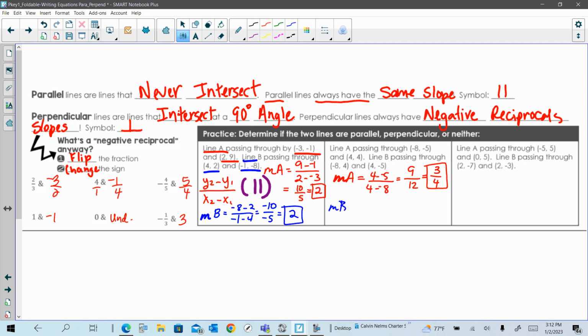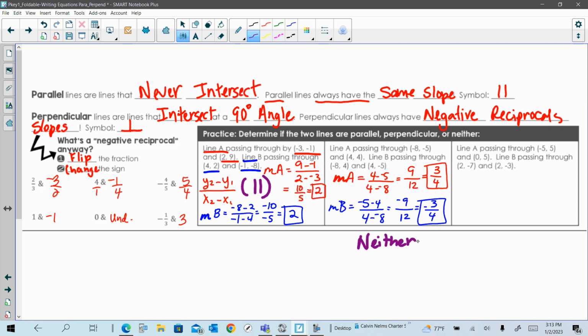For B, so you should have got neither for the next box.